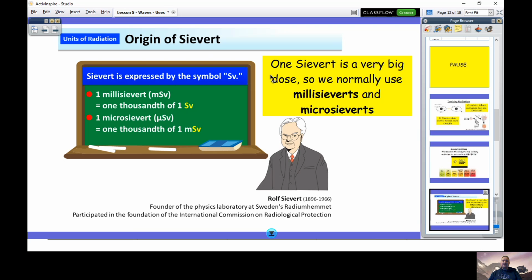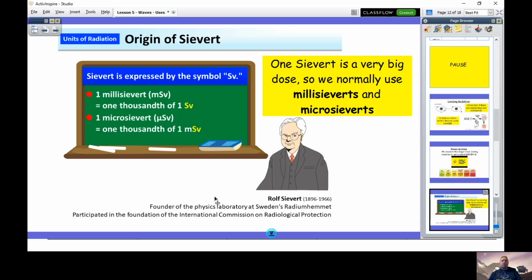So we normally measure the amount of radiation in smaller units, like millisieverts, which is 1,000th of a sievert, or microsieverts, even smaller. That's 1,000,000th of a sievert.